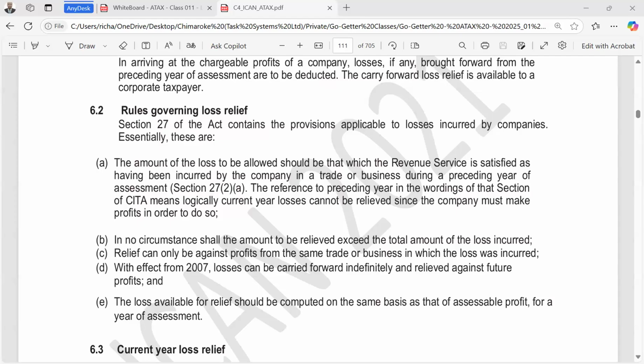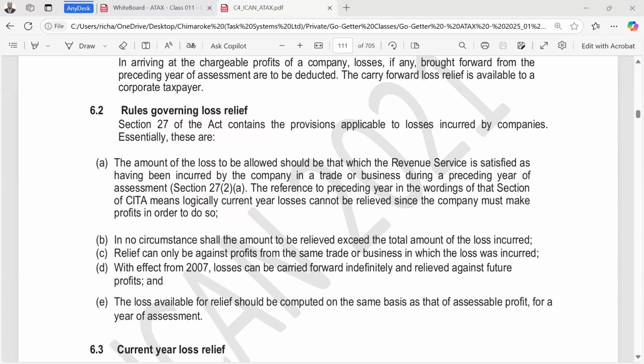It is something that is supposed to be taxable and you made a loss, and it is satisfactory to the tax authority that you've made that loss, then that loss from the previous year will be carried forward to the next year.